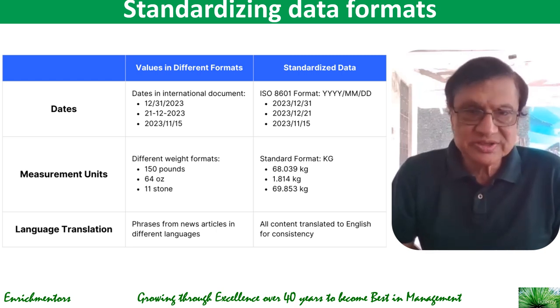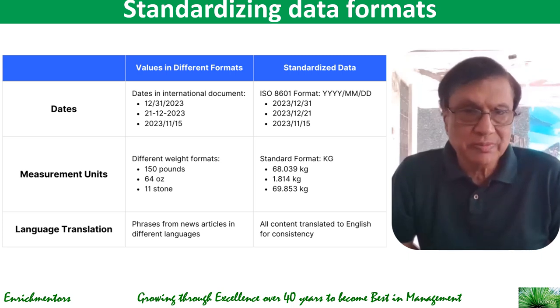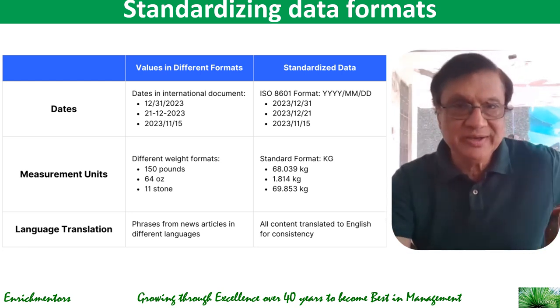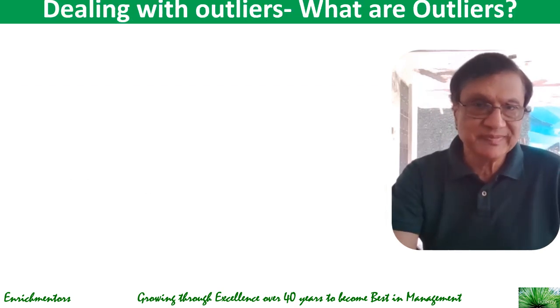Similarly, measurement units. There are so many measurement units around the world: pounds, ounces, stones, and that again needs to be converted into standard units. Language translations. So standardizing data formats is important in data processing.